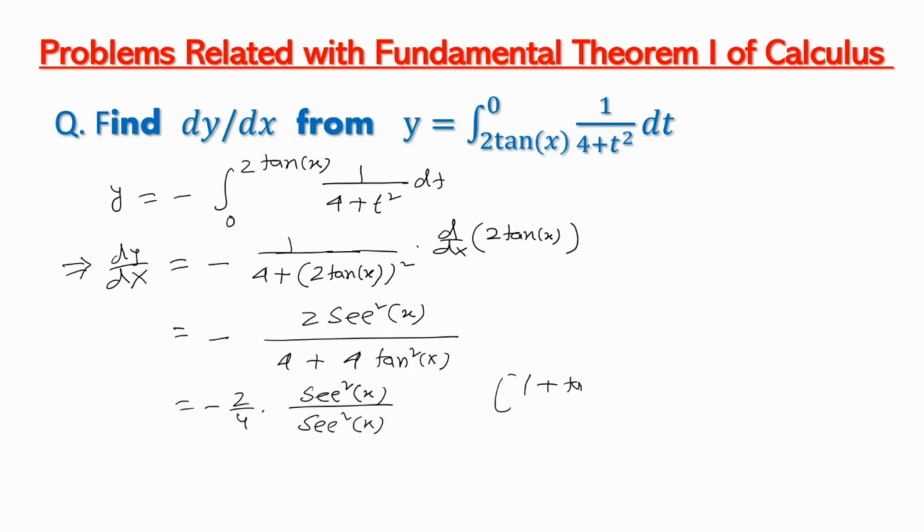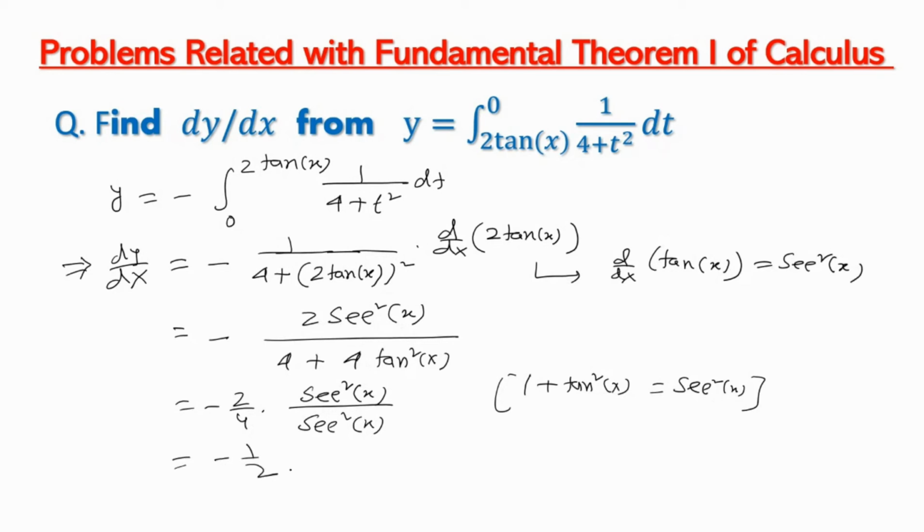Here we are using 1 plus tan square x is equal to secant square x, and here we are using the derivative of tan x is equal to secant square x. This is equal to minus half.